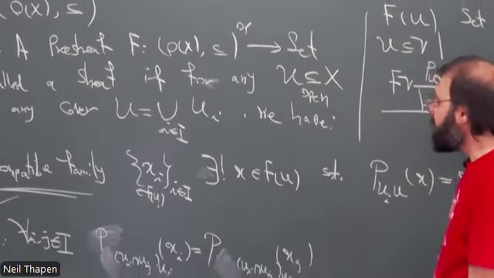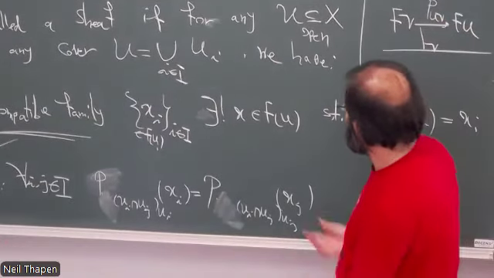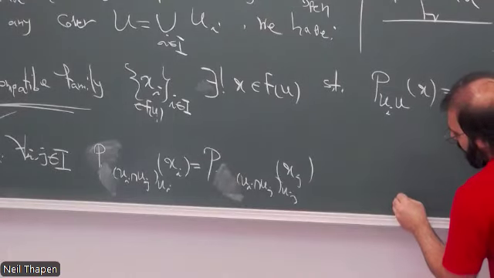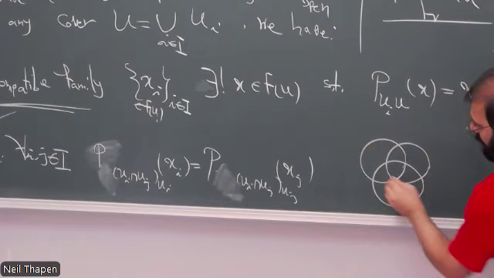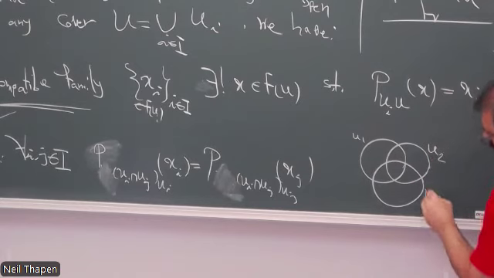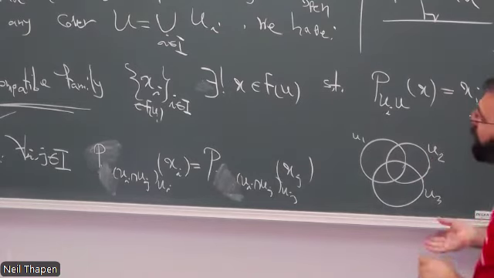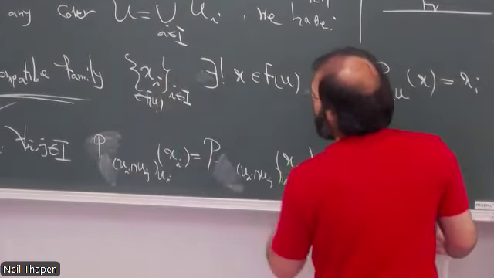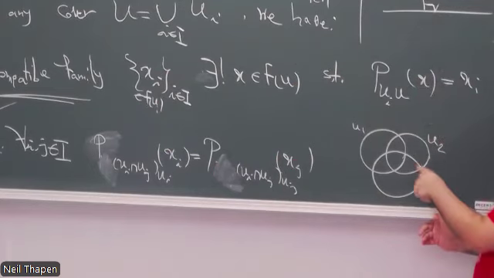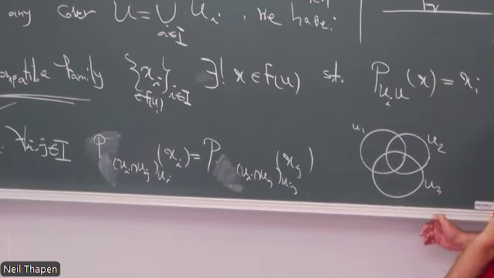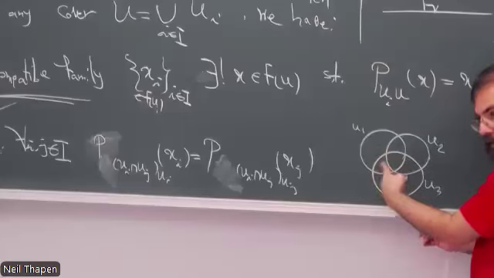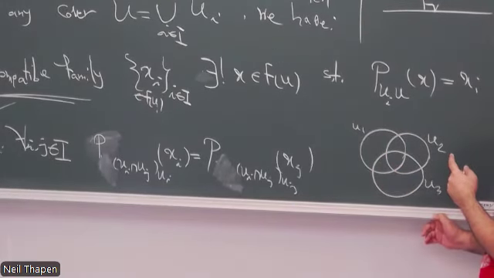Intuitively, what I'm saying here is this. You have some U, say U1, U2, U3, and the union is U. Then x_i is in F(U_i). Intuitively, x_i is a map over U_i, but it is simply an element in F(U_i). F(U) is just a set.